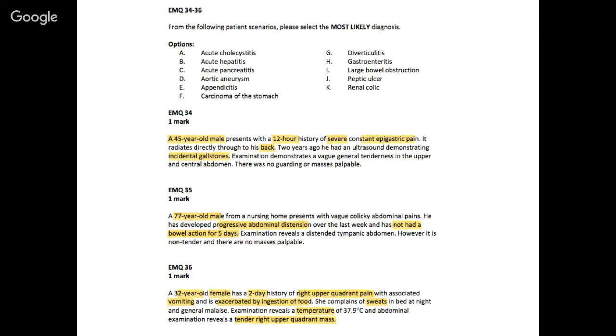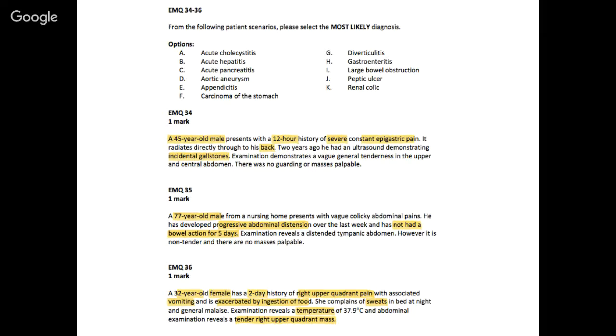Okay, second one. I'm just wary of time. I want to keep moving. And the last one. Pretty much highlighted the whole paragraph, but. A, yep, A. Okay, so let's just quickly go through them.